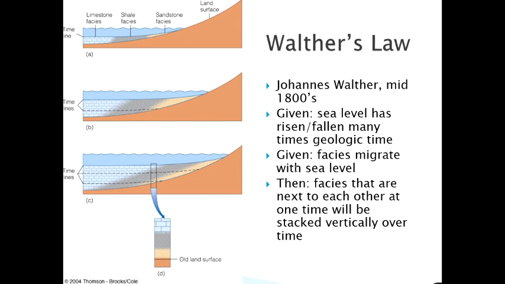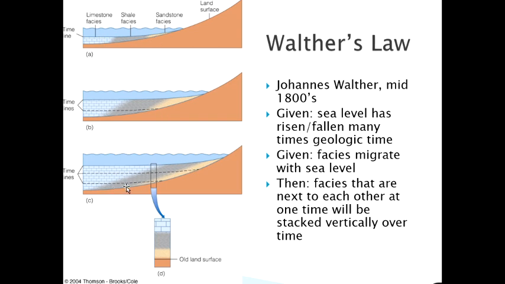If those two things are true, and they are easy to accept, then the facies that are next to each other, so side to side, look in the diagram, to the left and to the right at any one time, over time, they get stacked vertically. So horizontal facies. Notice here the lime, the shale, the sand are side by side. They're horizontal.